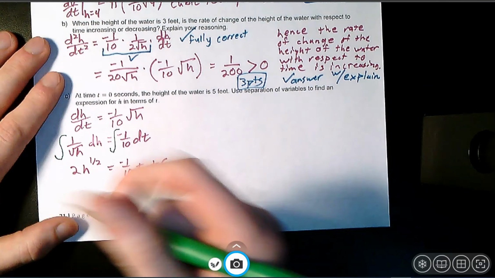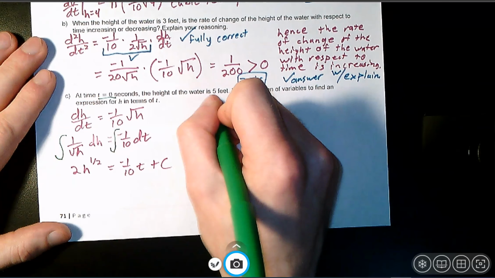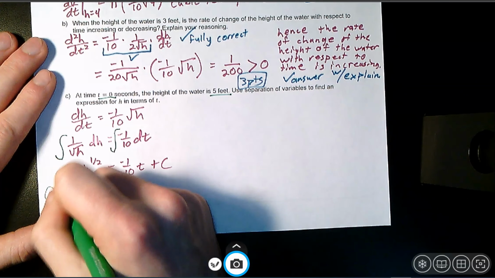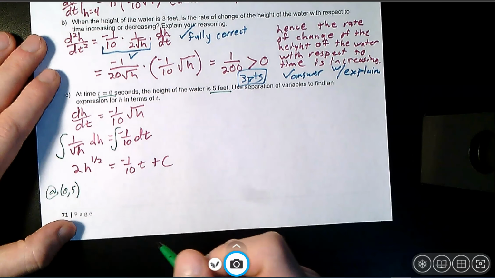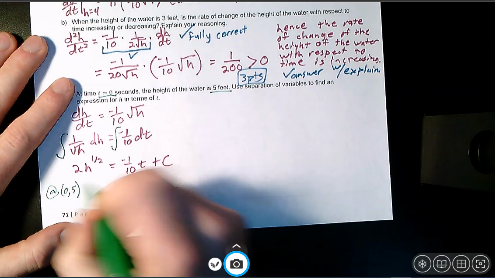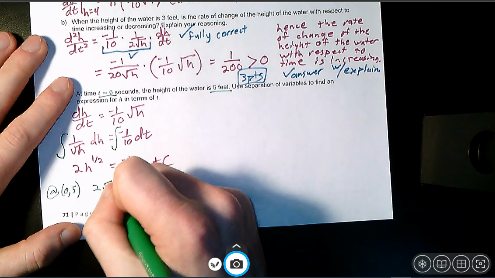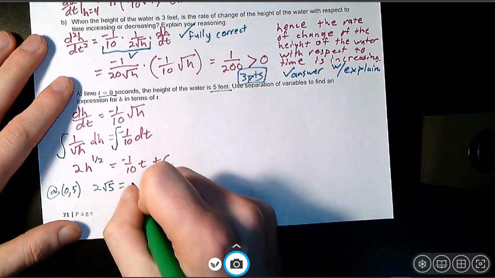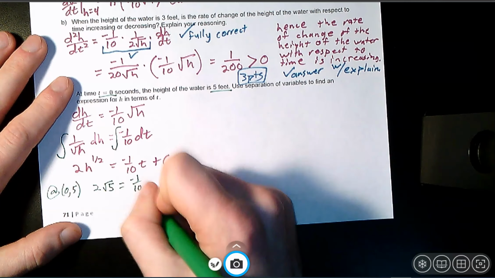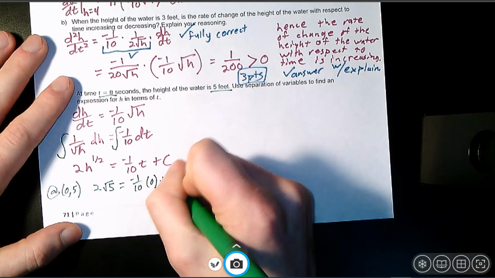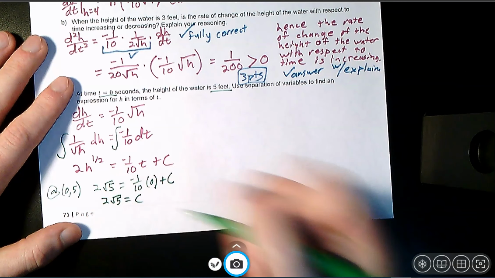So I remember I'm given this point 0, 5. So at 0, 5, I'm going to plug in. I'm going to end up with 2 times 5 to the 1/2, that's the square root of 5, is equal to -1 over 10 times, oh, wait, t was 0, plus the Charlie, so I get 2 square roots of 5 is equal to Charlie.